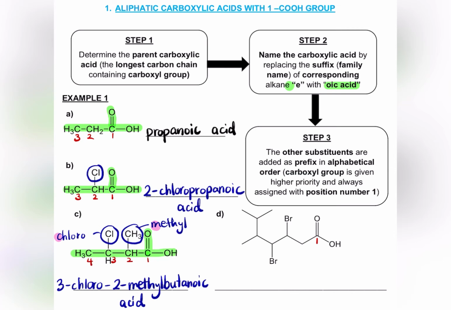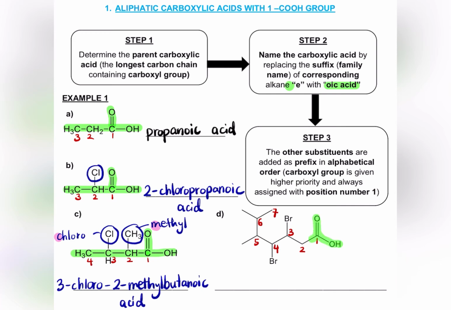And the next one you have number 2 here, 3, 4, 5, and I'm going to go up 6, and then whichever side it will be the 7th carbon. Now we have here this whole thing as my parent chain.